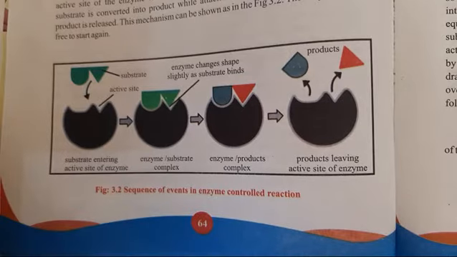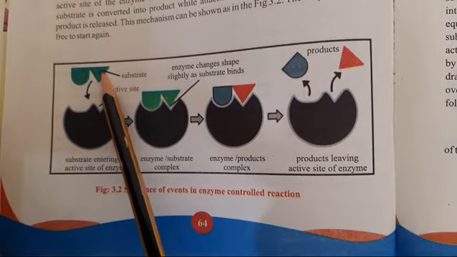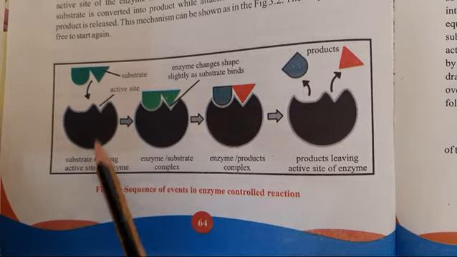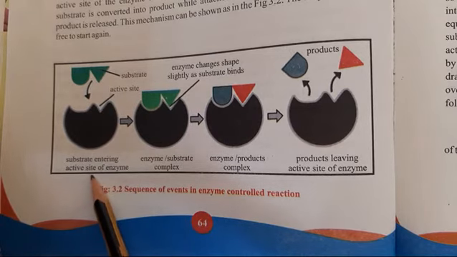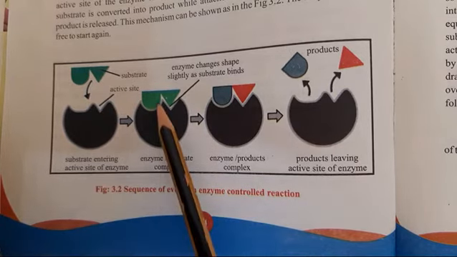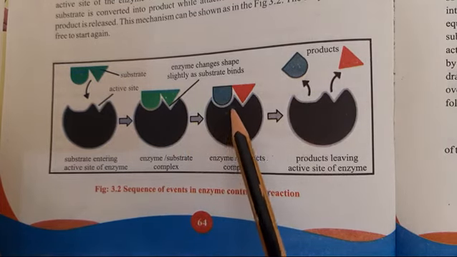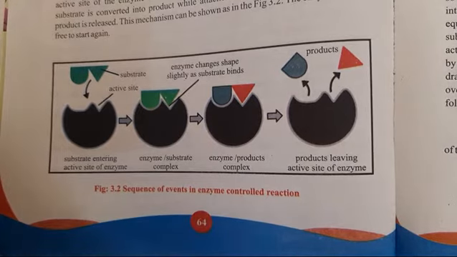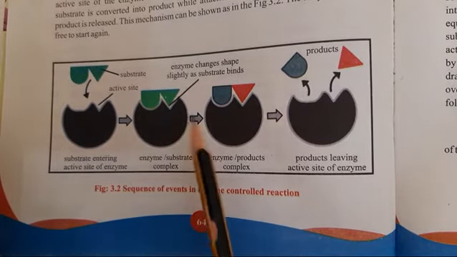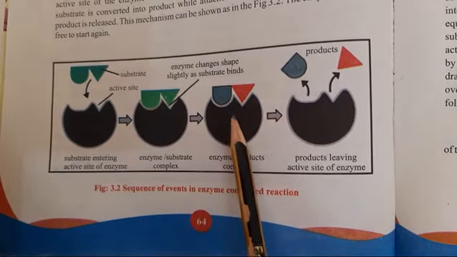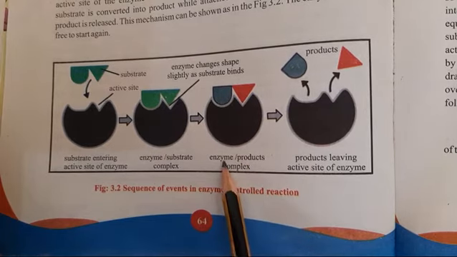Now if you look into this diagram, the substrate molecule first binds to the active site of the enzyme, substrate entering the active site of the enzyme, forming an enzyme substrate complex. Then the substrate is converted into product. Now the substrate is changed into product while still attached to the enzyme.